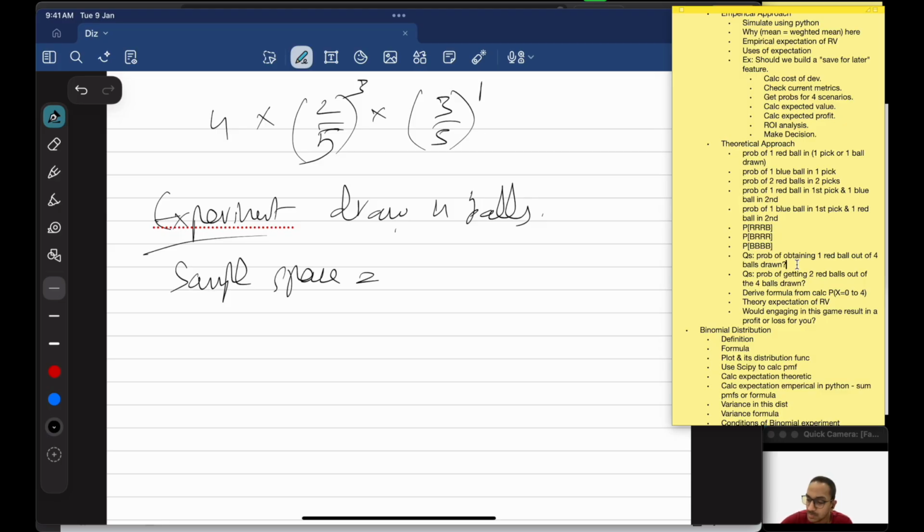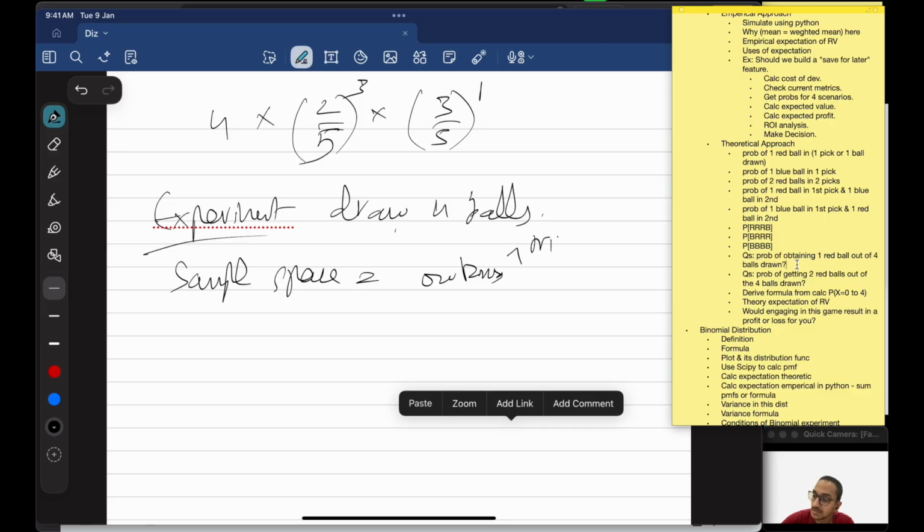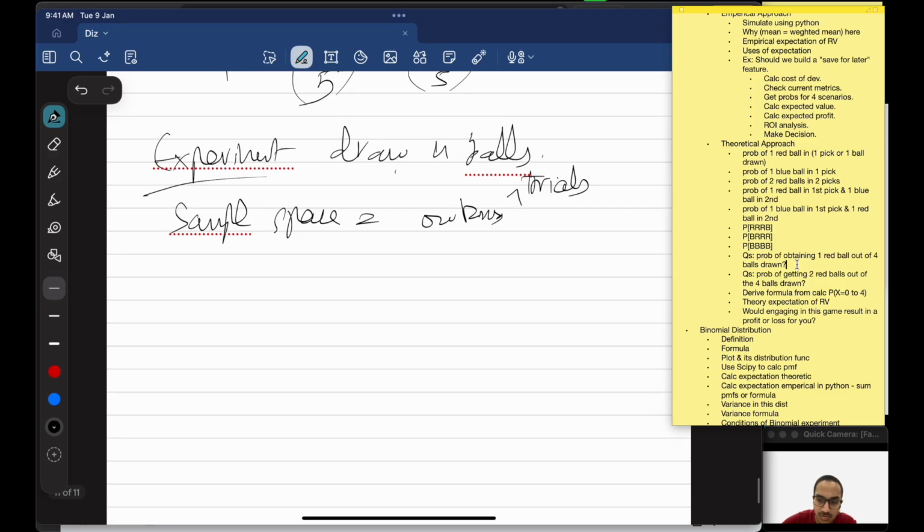The formula for sample space is outcomes power number of trials, right? So what are the outcomes? Drawing a ball. If I draw a random ball, what are the outcomes I can have? I have 3 reds and 2 blues, right?